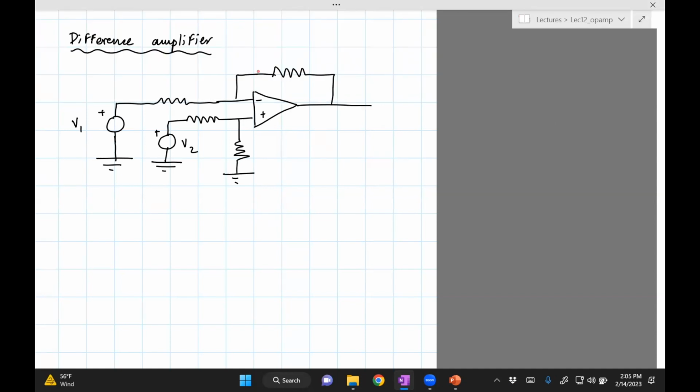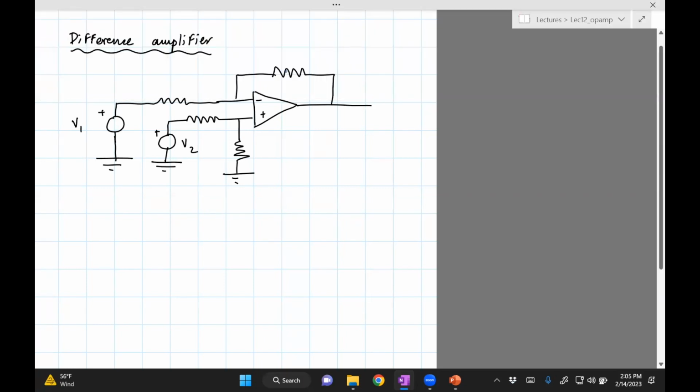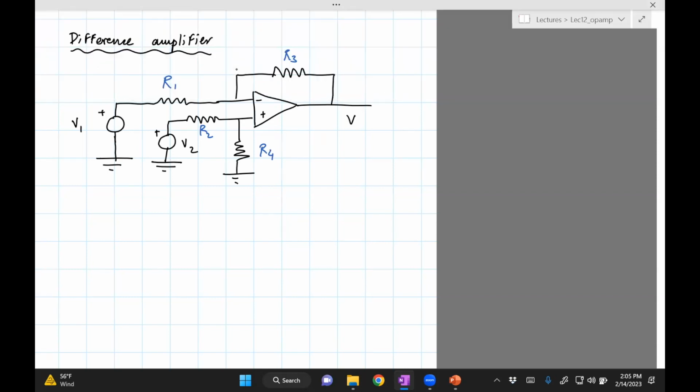Okay, so let's say this is R1, R2, R3, R4, and Vout.